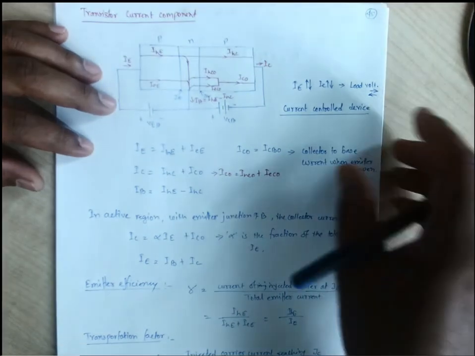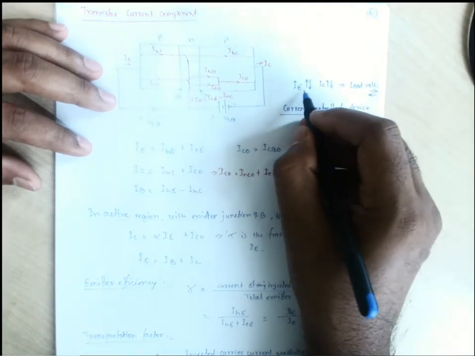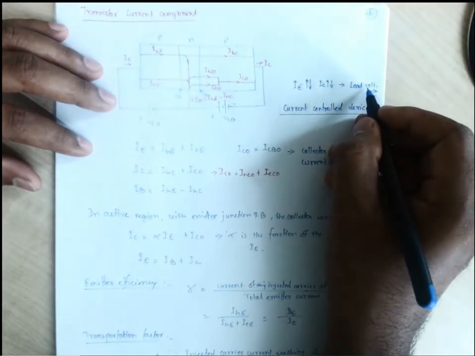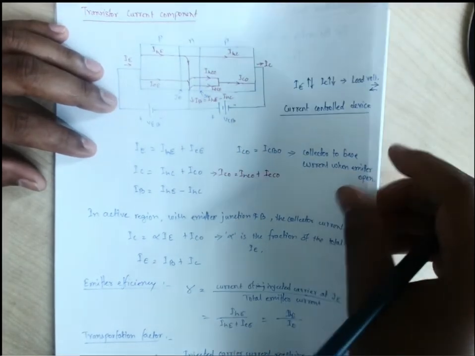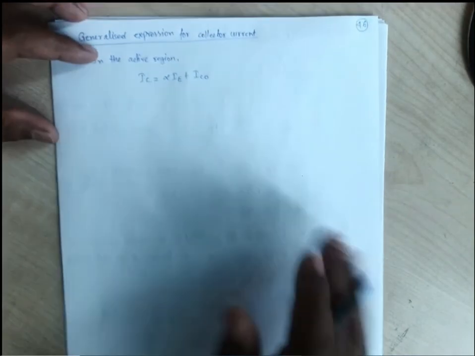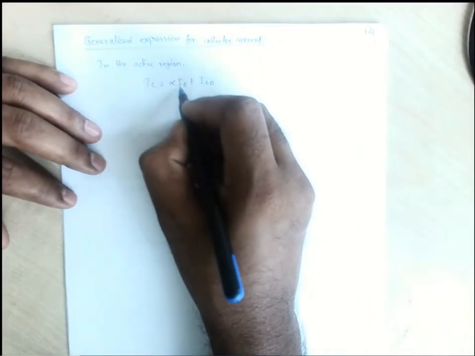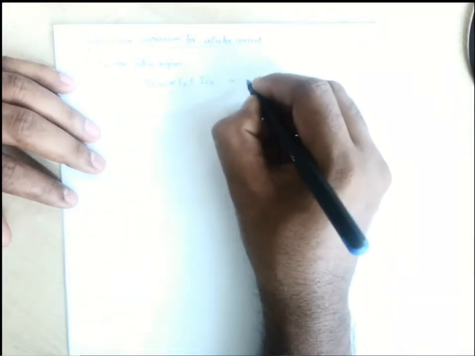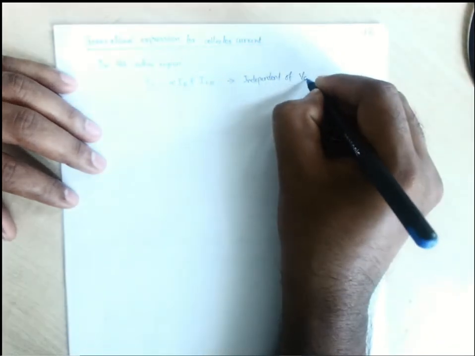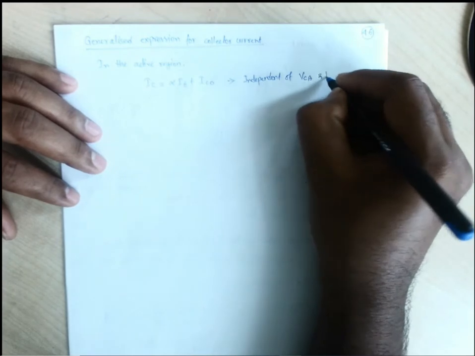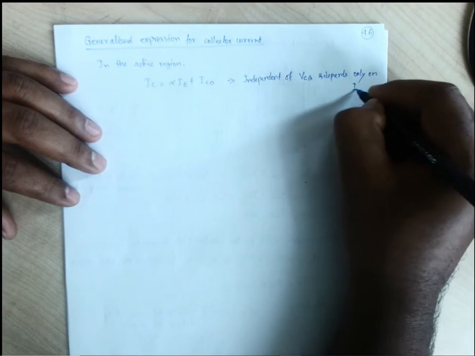Transistor or BJT, bipolar junction transistor, is a current control device because the input current results in the change of the output current, and that results in the change of the load voltage. So this output current IC depends upon IE, and it is independent of VCB and depends only on IE.